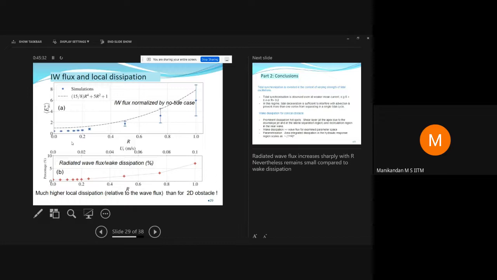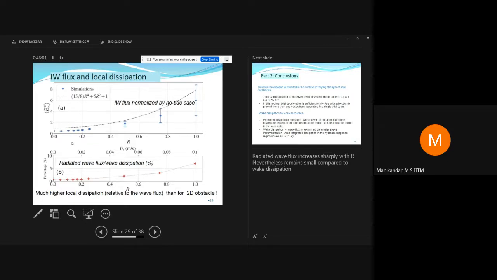have three-dimensional topography. It turns out that the first thing is the internal wave flux, normalized by the no-tide case, so you just have a current, no tide. There you have only your steady waves. And if you have the tide going back and forth, you have the so-called transient waves. We came up with a little scaling there. This is your data from the simulations, and this is your scaling.